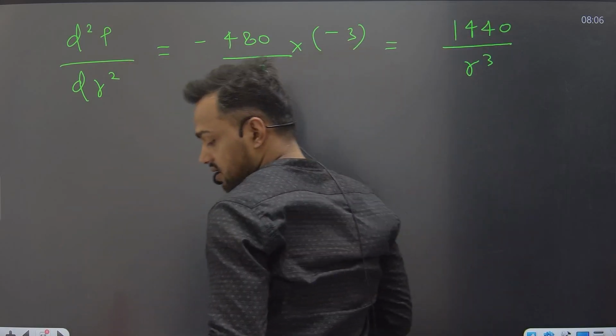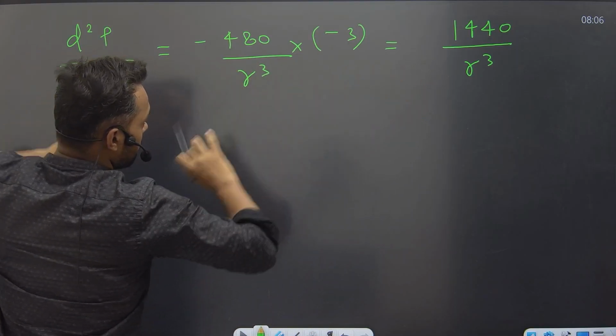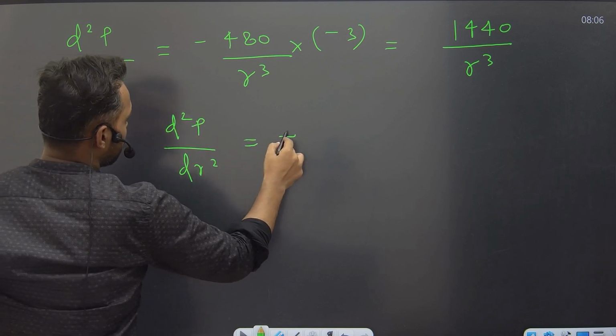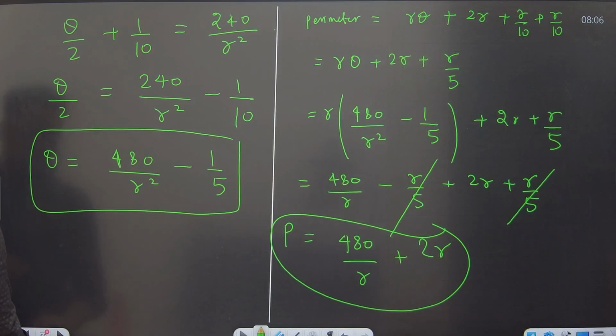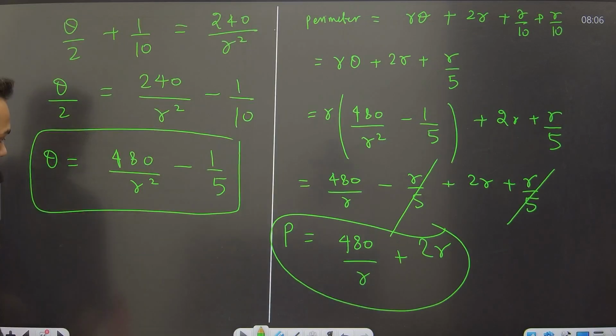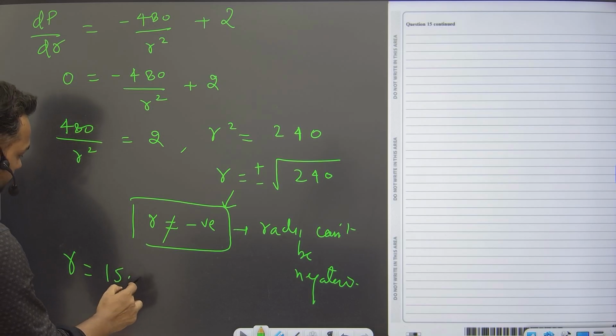So from here you can say that the second order differentiation of this parameter is positive. d2P by dr square is positive, students. So it means it will have a minimum value at this stage when the value of r was root of 240, which you can write as 15.49.